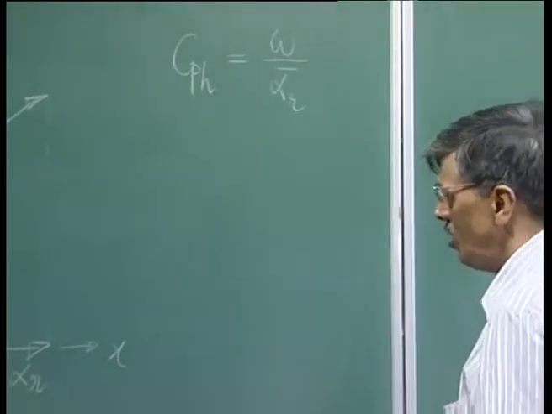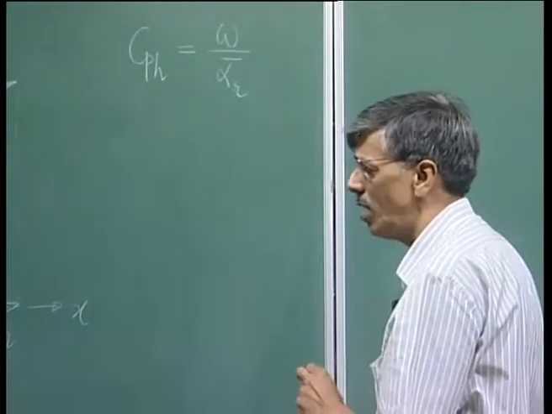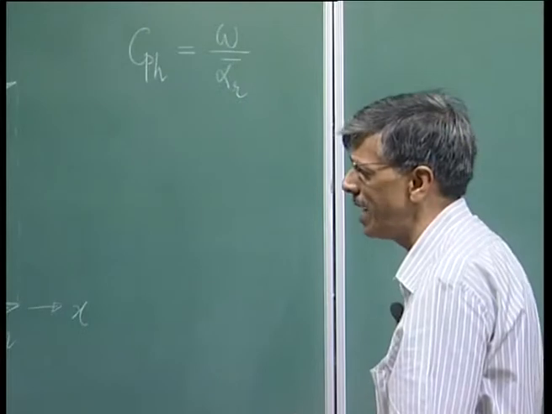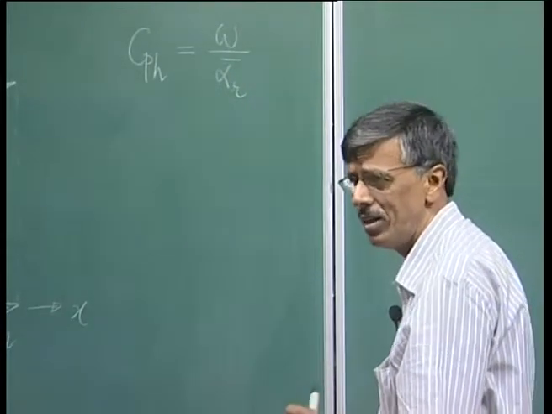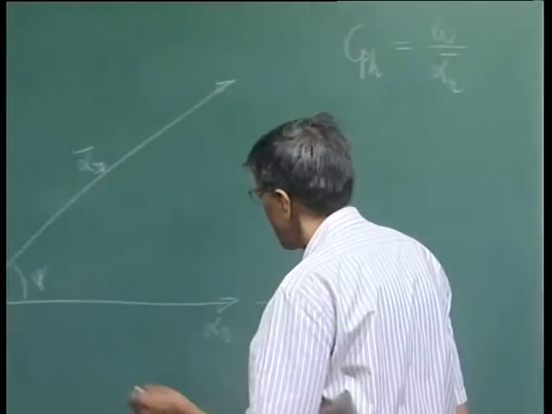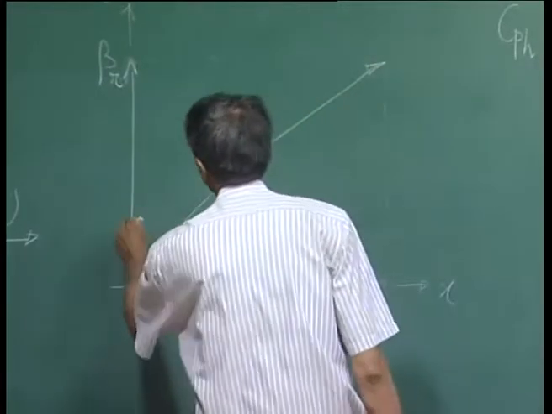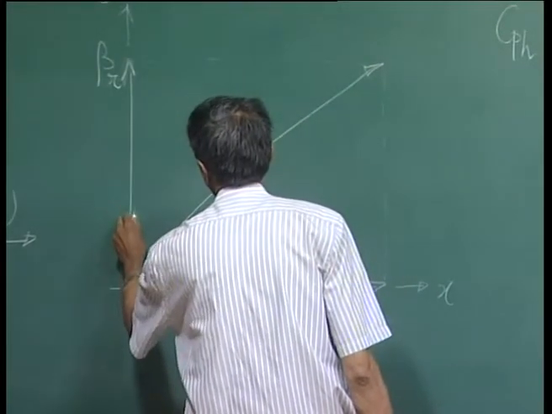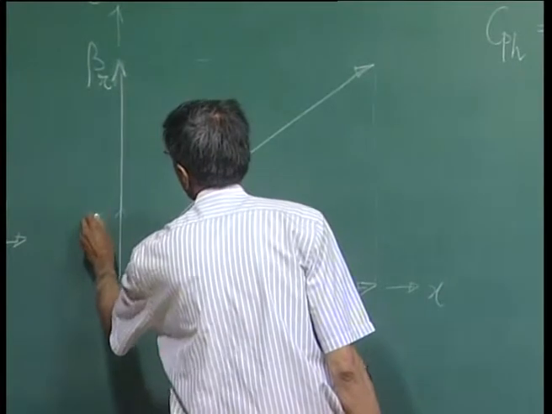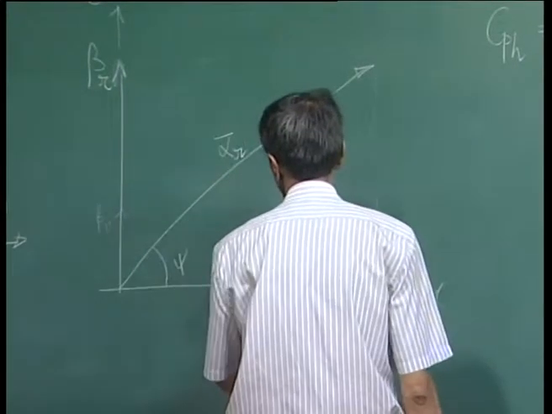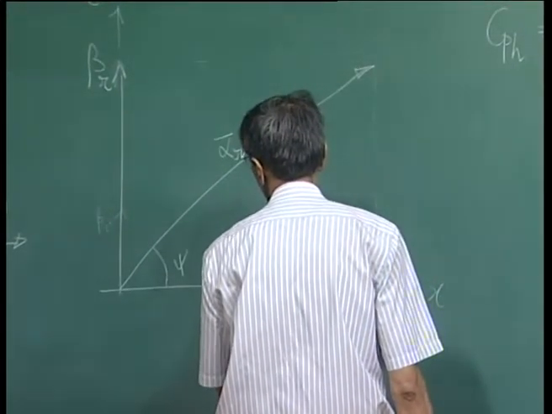Now, you have also seen the disturbance will grow or decay depending on alpha I and beta I. So, I could perhaps define, say, beta I along this axis, and alpha I along this axis.